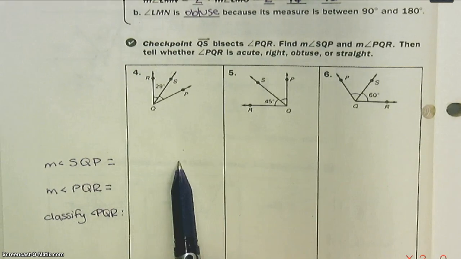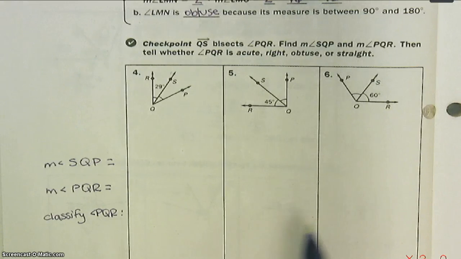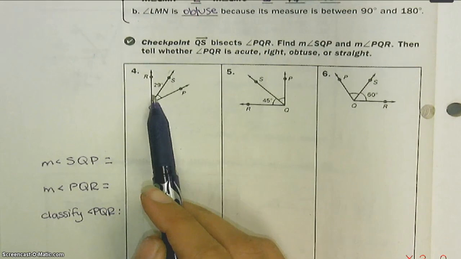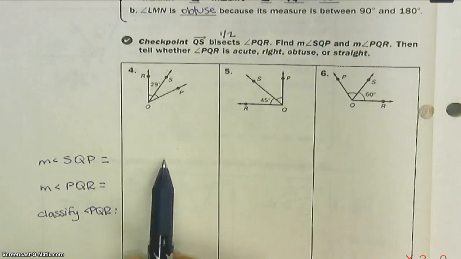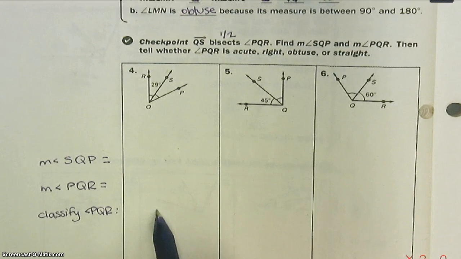So each problem will have 3 answers. And notice in each one they give you 1/2. Remember, bisect means cut in half. So you need to find the other half, then the whole thing, and classify the whole thing.